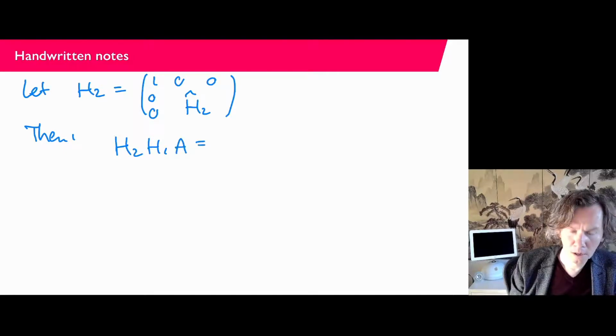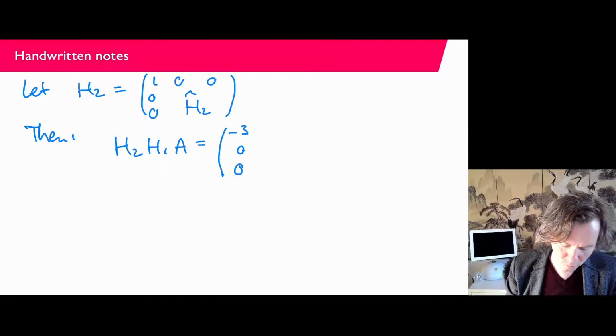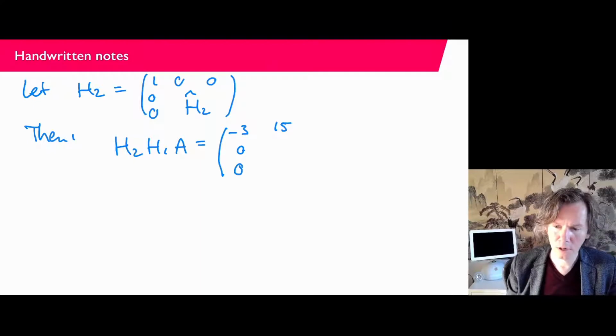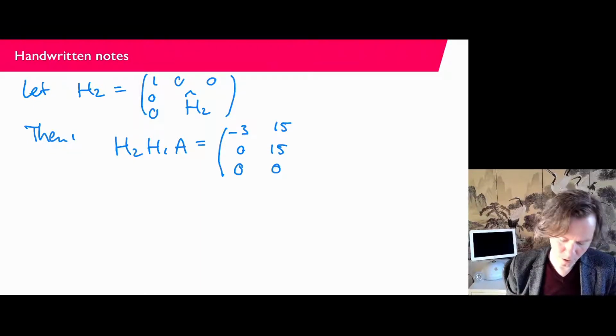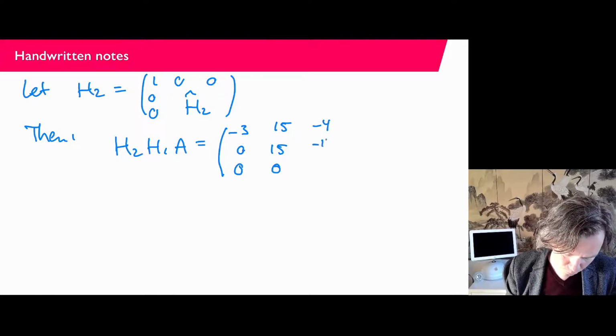H1A is equal to, well, the first column doesn't change. The first entry of the second column also. The second becomes 15, 0. And then here we have minus 4, that doesn't change. And this is the minus 13 over 5 and 9 over 5 that we have just found.